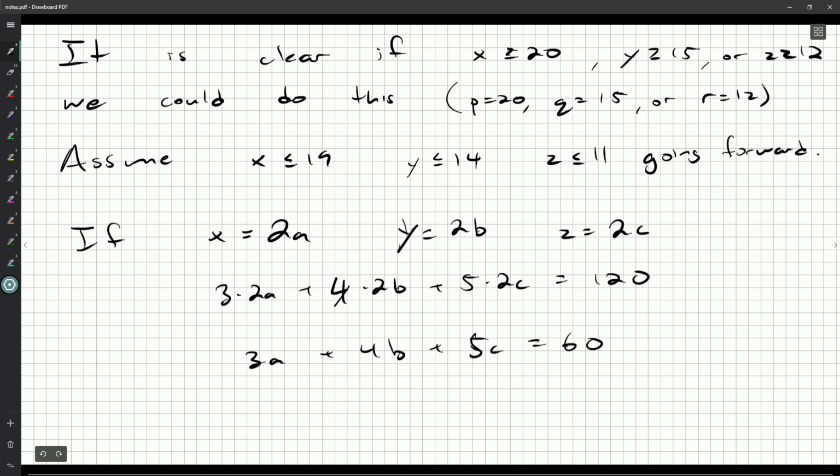So if they're all even, you automatically get 60. That's another simple observation. Maybe there's a way to show that you always have to have an even number of these things. Let's see what we can do.